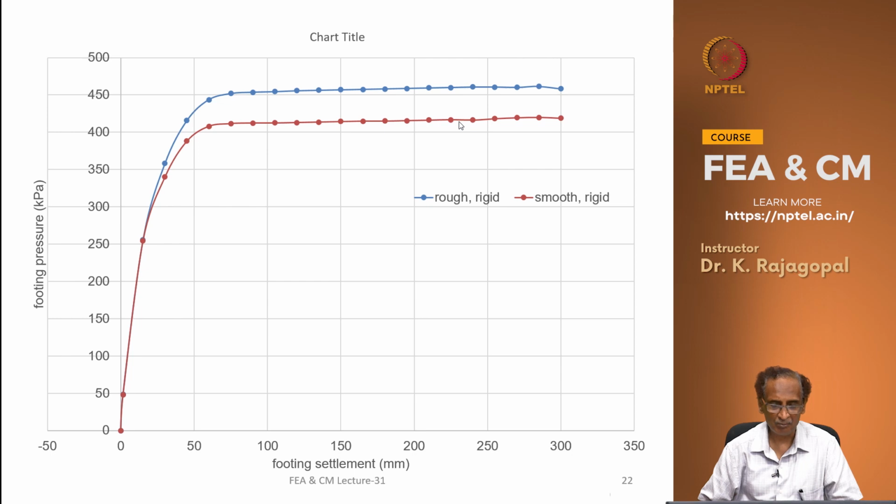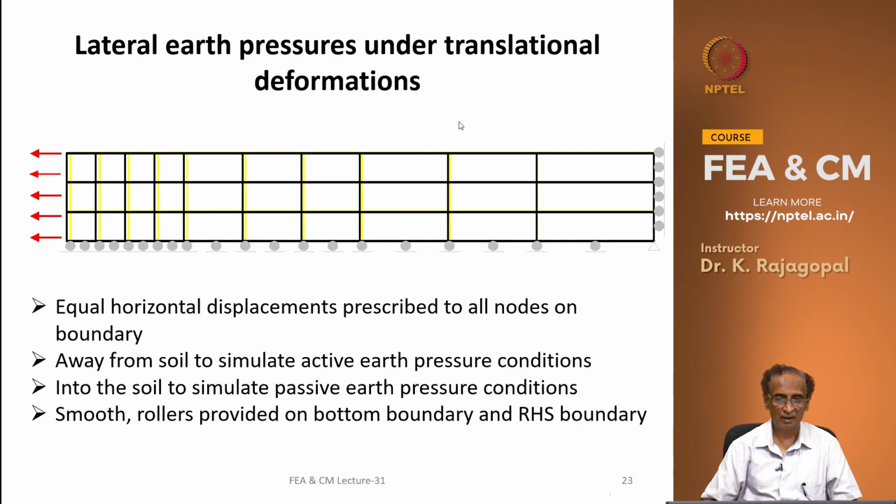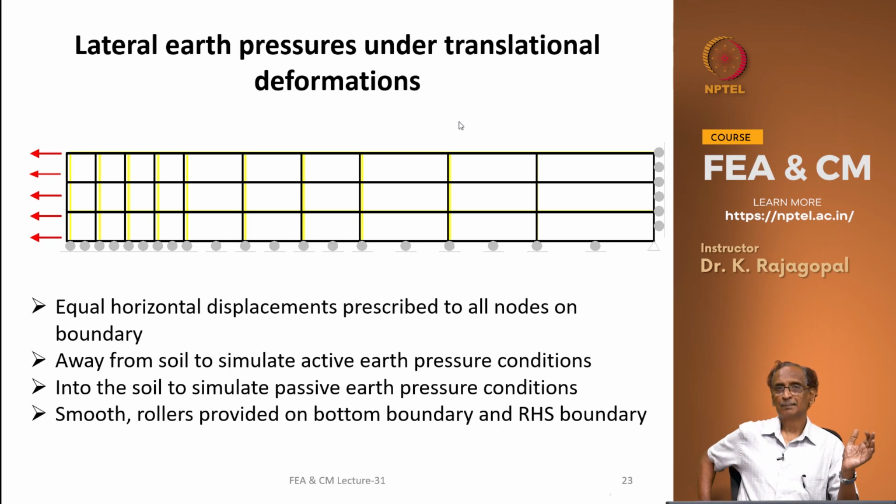And before we go into the finite element demonstrations, let us also look at the lateral earth pressures, and we will simulate only the Rankine's values, both active and passive.